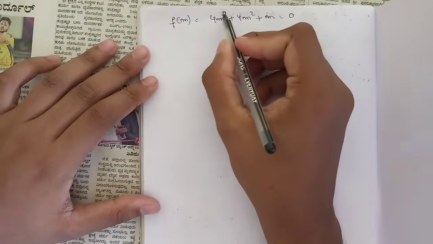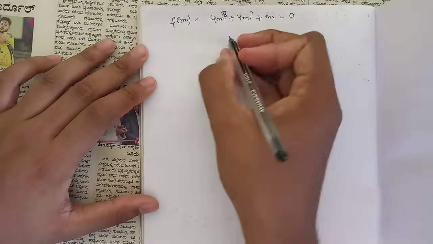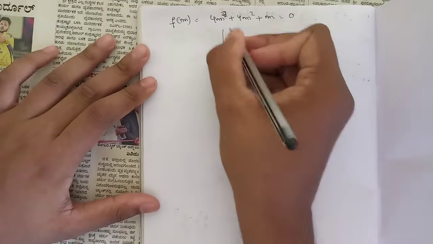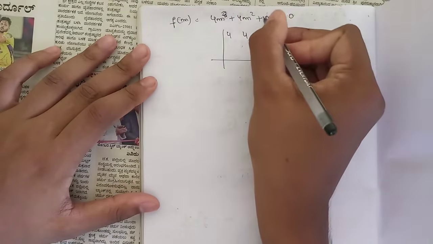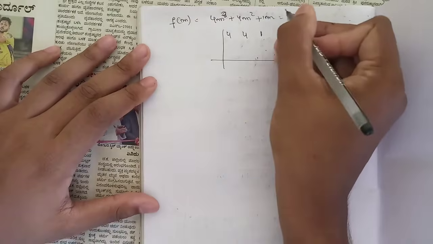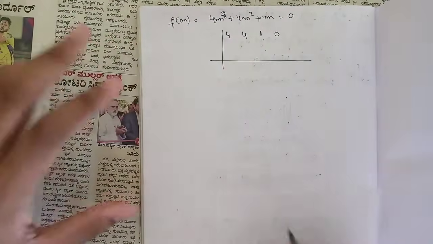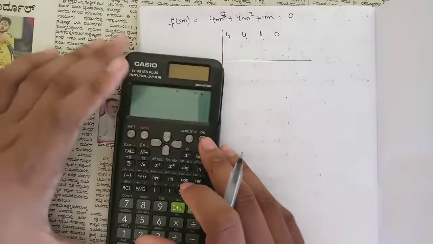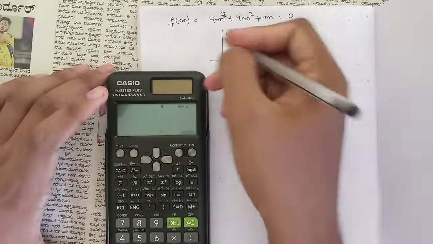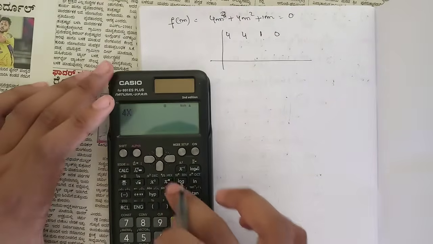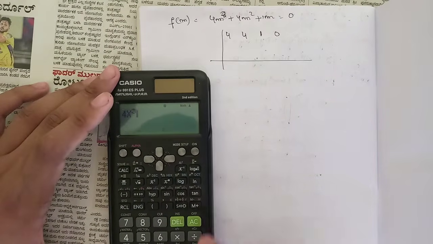Again this is of the form of a cubic polynomial. Write the coefficients, that is 4, 4, 1, and there is another constant term which is not mentioned, so we need to write that as 0. Again the same thing, put the equation 4x cube plus 4x square plus x in the calculator to find the first root.